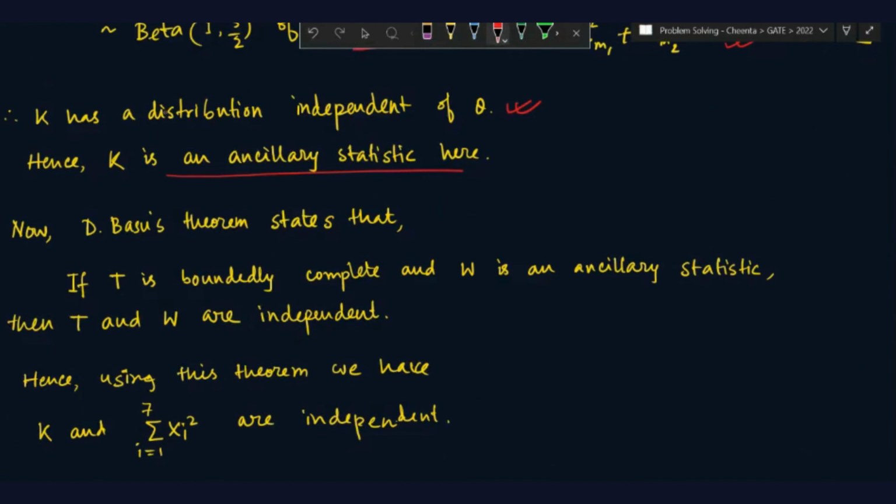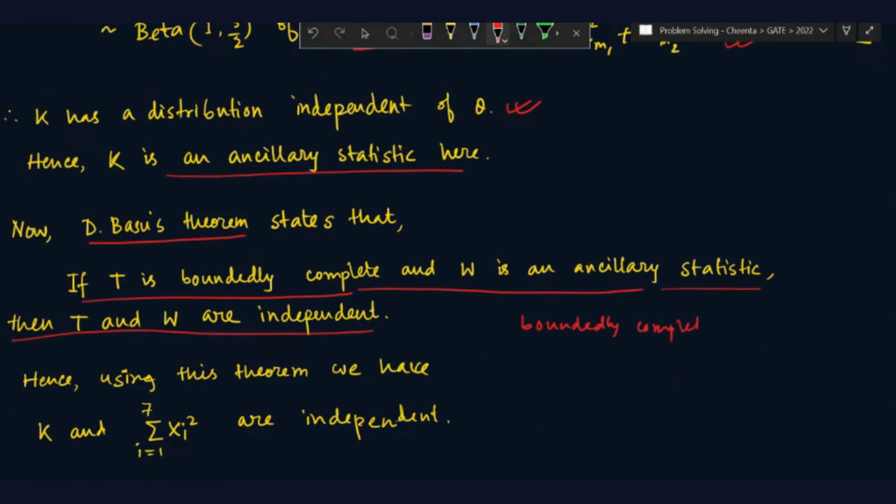Now, in around 1960, Basu's theorem states that if T is boundedly complete and W is an ancillary statistic, then T and W are independent. Now, what is meant by boundedly complete? By complete, we mean that for a function of some statistic T, if the expectation of f(T) equals 0 for all theta belonging to the parameter space, then this will imply probability of f(T) equal to 0 equals 1.